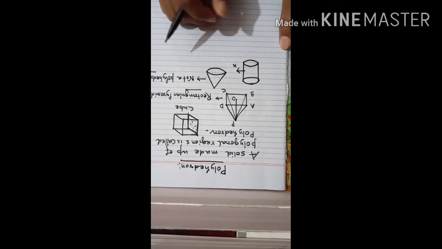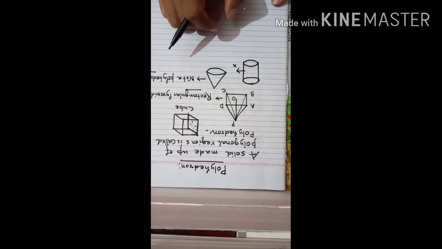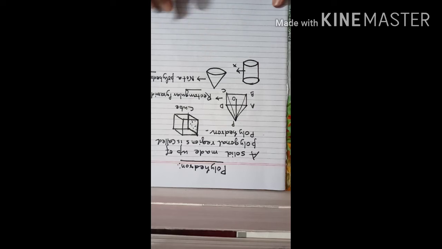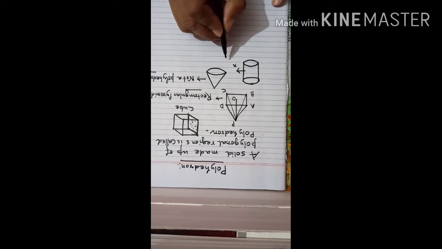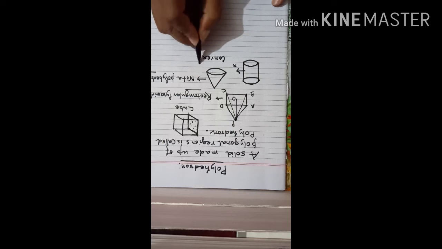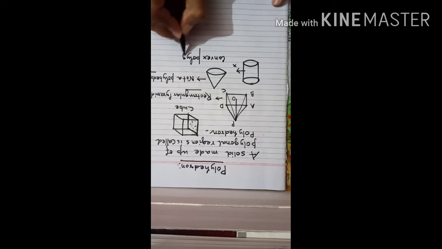Now convex polygon, all of you know convex polygon. A convex polygon is a polygon in which each interior angle is less than 180 degrees.